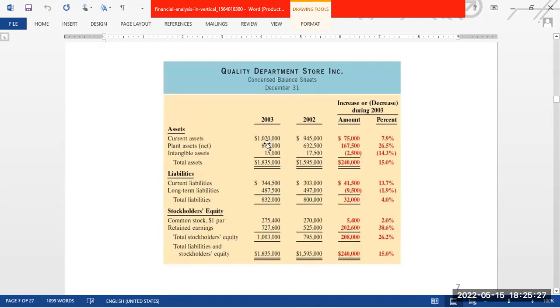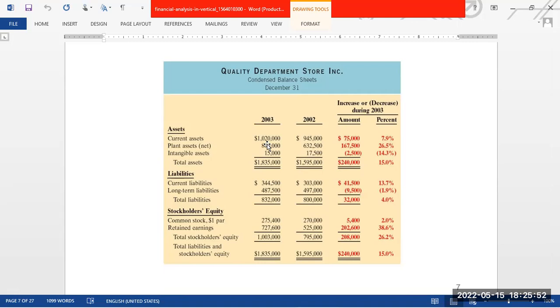And if you can see, if you just take 1,020,000, you subtract 945,000, you are supposed to get a difference of 75,000, and that one should be the difference.